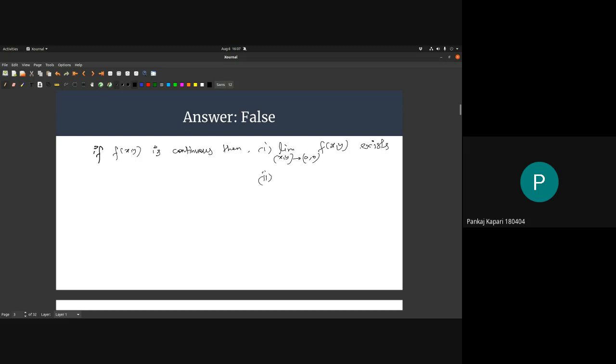And second, let's say this limit exists and is equal to L, then we must have that the limit must be equal to the function value at (0, 0).